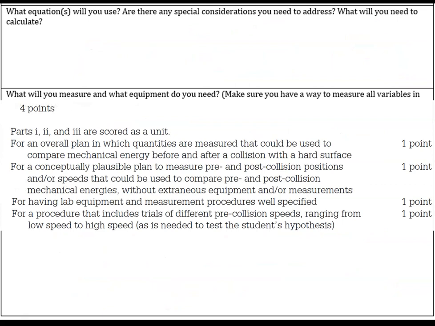So with this, the 4 points, this whole thing, parts 1, 2, and 3 are scored together. You get a point for an overall plan in which quantities are measured that could be used to compare mechanical energy before and after a collision with a hard surface. For a conceptually plausible plan to measure pre- and post-collision positions without extraneous equipment. So again, if you say that you're going to use something, make sure that you show it in your procedure.